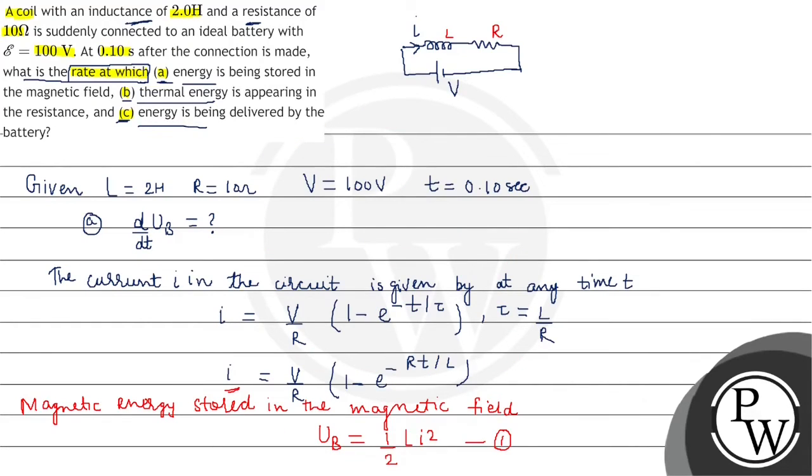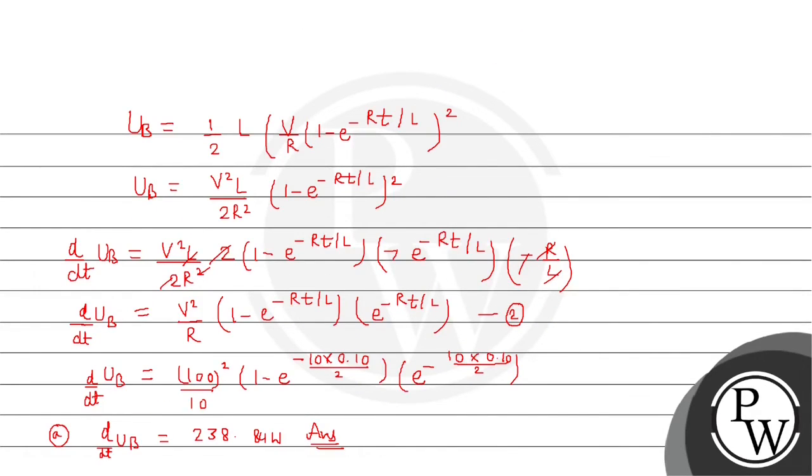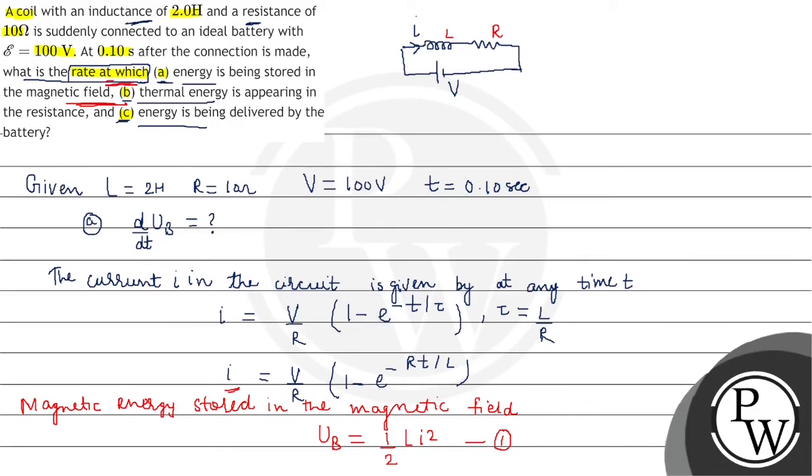and where we have to calculate rate at which energy is being stored in the magnetic field. So this we calculated. Now we have to calculate rate at which thermal energy is appearing in the resistance.